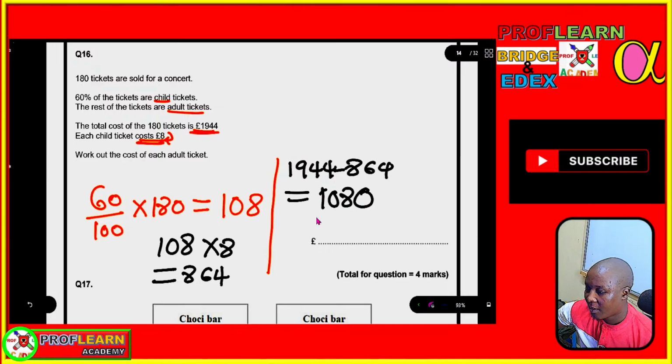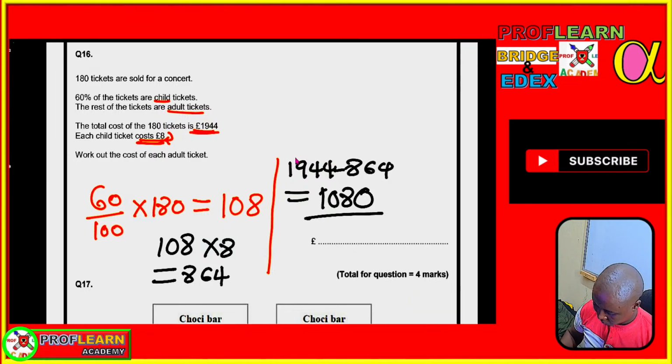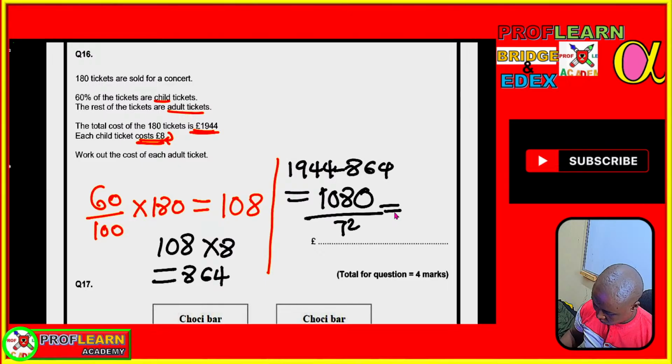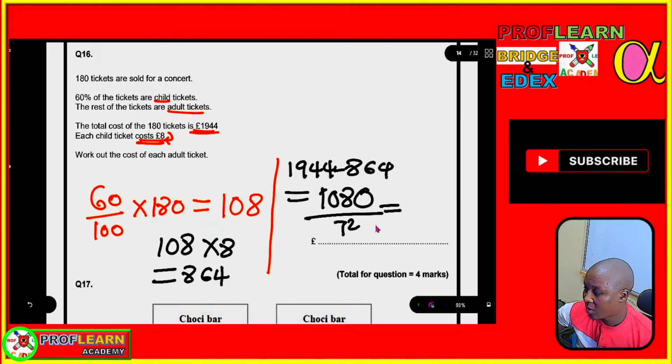That will be 1080. Then how many tickets are for adults? The number of tickets for adults will be just that, 72. So we shall take 1080 divided by 72, which is going to be 15.